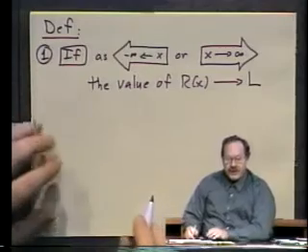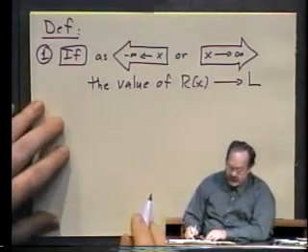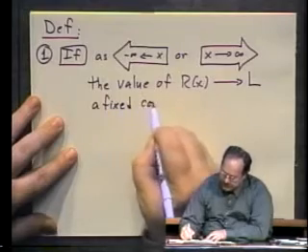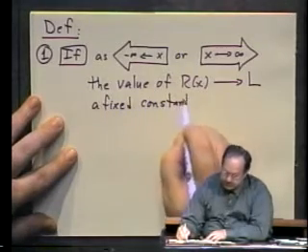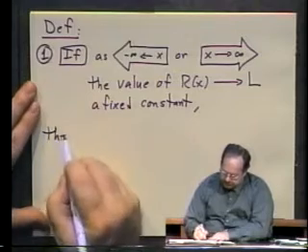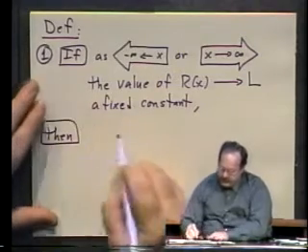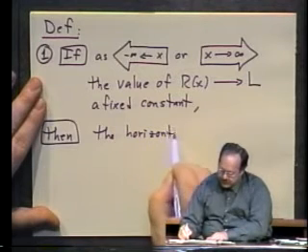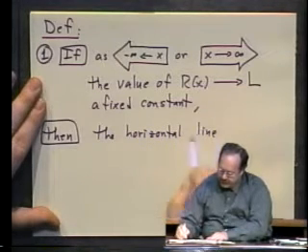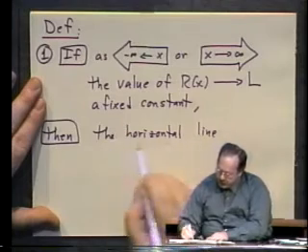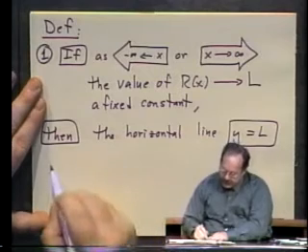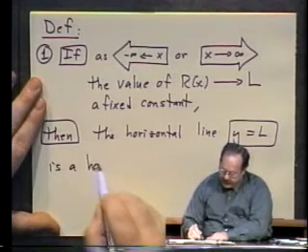In the previous one, it approached the line 1, y equals 1, a fixed constant. The L is a fixed constant. Then we say the horizontal line, which is y equals L, there's the line there, is a horizontal asymptote.